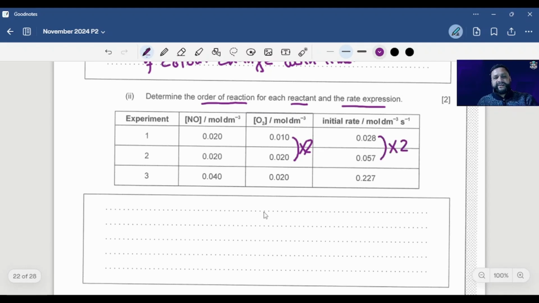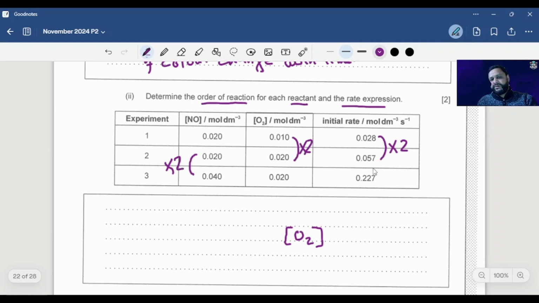So we can say order of reaction with respect to oxygen is first order. So with respect to O2 is first order. Now we can compare experiment 2 and 3 where the concentration of oxygen is kept constant and the concentration of NO, nitrogen oxide, is doubled.